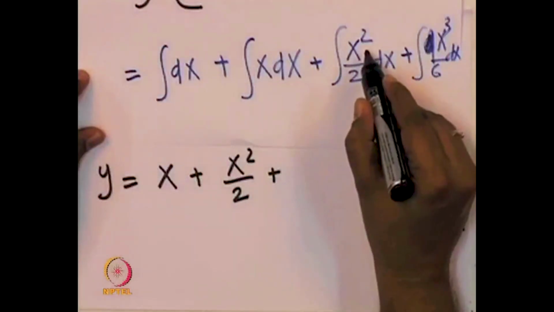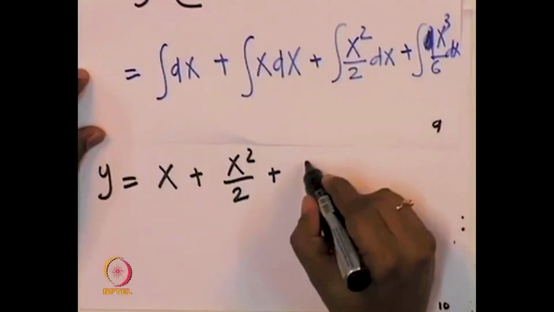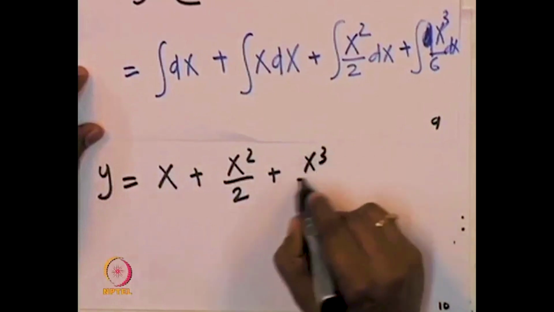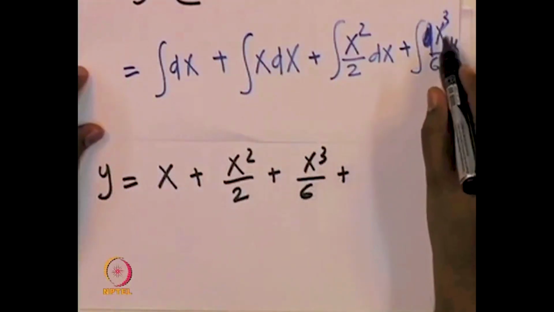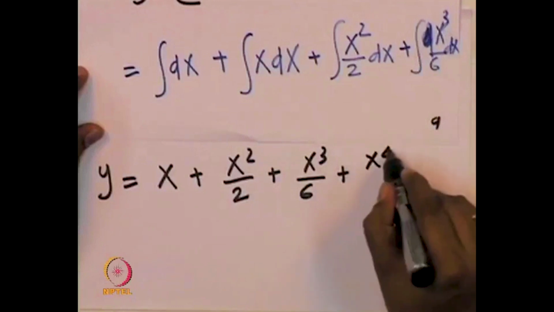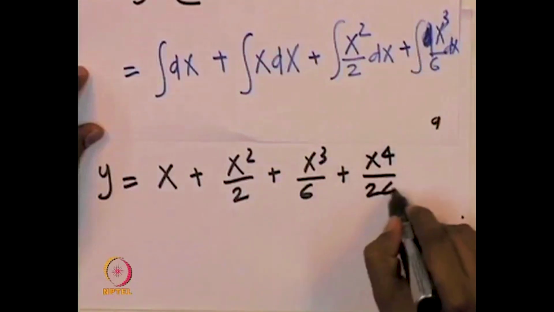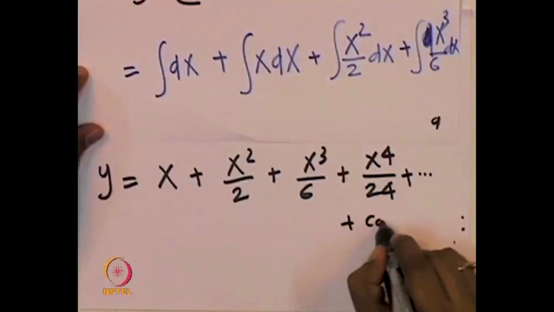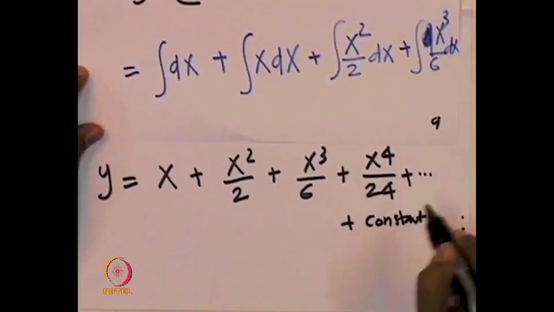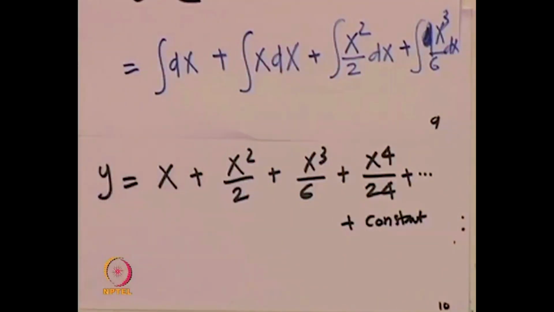Integral of x square is x cube by 3, and 3 into 2 becomes 6, so x cube by 6. Then x power 4 by 4 into 6, which is 24, plus a constant. So, this is the answer you will get.